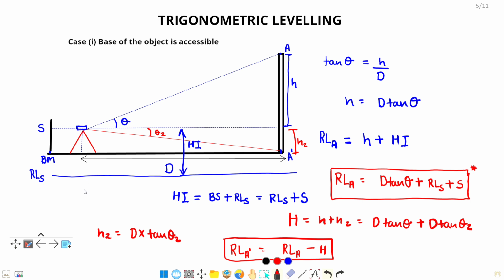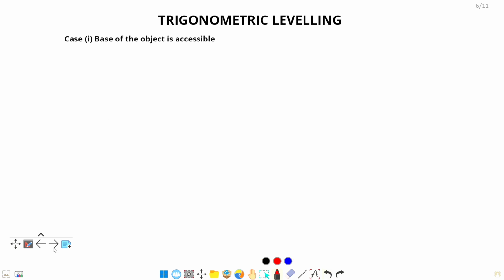Now moving further to our next case. That is, base of object is inaccessible and stations are at same level. So first I am going to draw the figure of it.